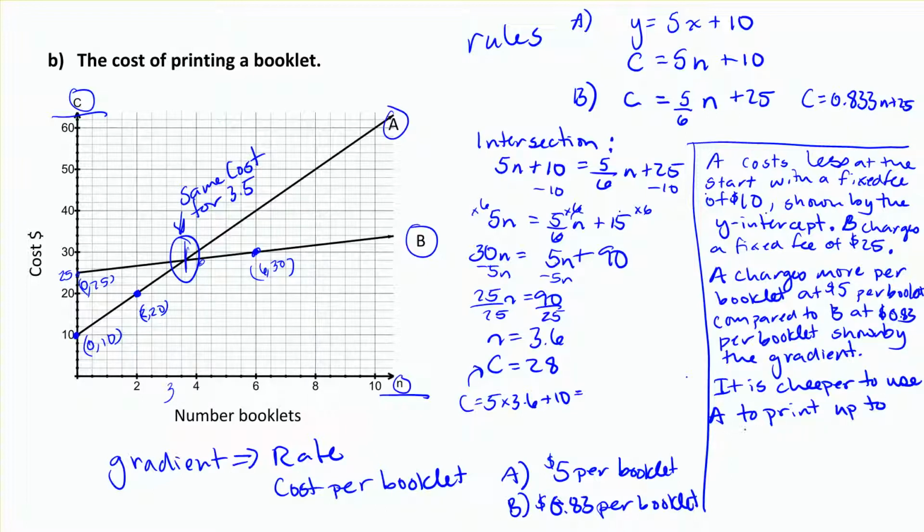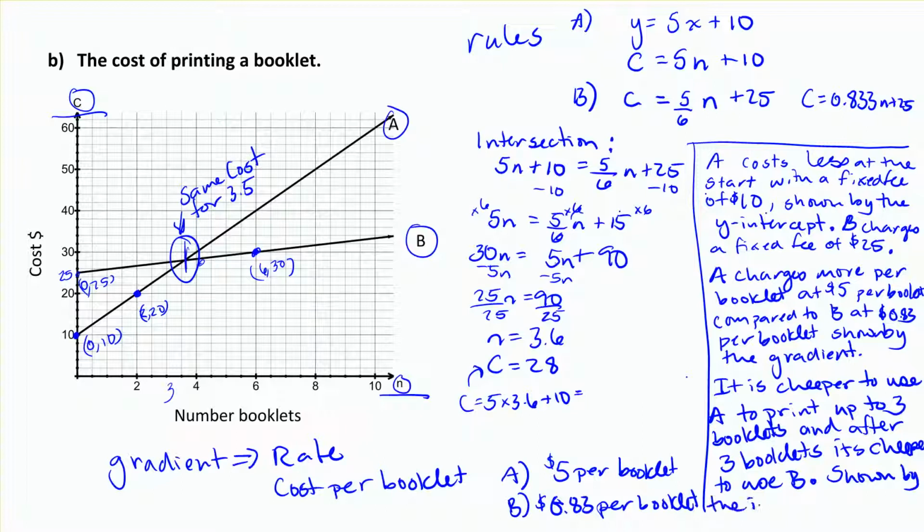So it's cheaper to use A to print up to 3 booklets. And after 3 booklets, it's cheaper to use B. And this would be shown by the intersection at 3.6, comma, we said it was 28.